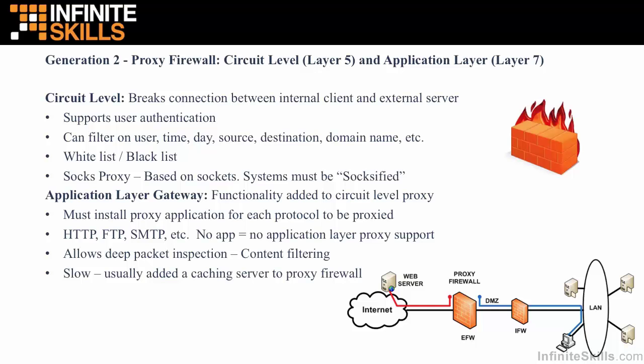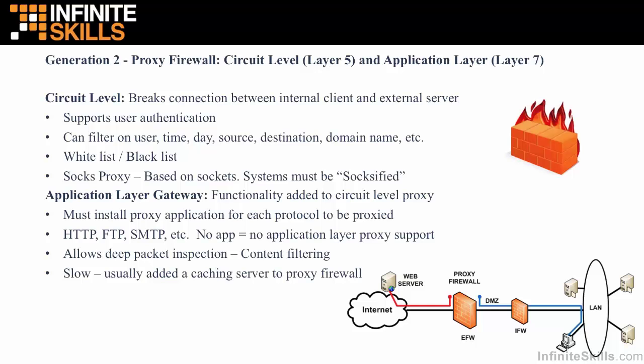When a client on the private side wanted to access a web server that was out on the public internet, the client literally transmitted his request to the proxy firewall as if the proxy firewall represented the entire internet. So there would be a session established between the client computer and the proxy firewall, the firewall that you built, that you installed, that is part of your security network infrastructure.